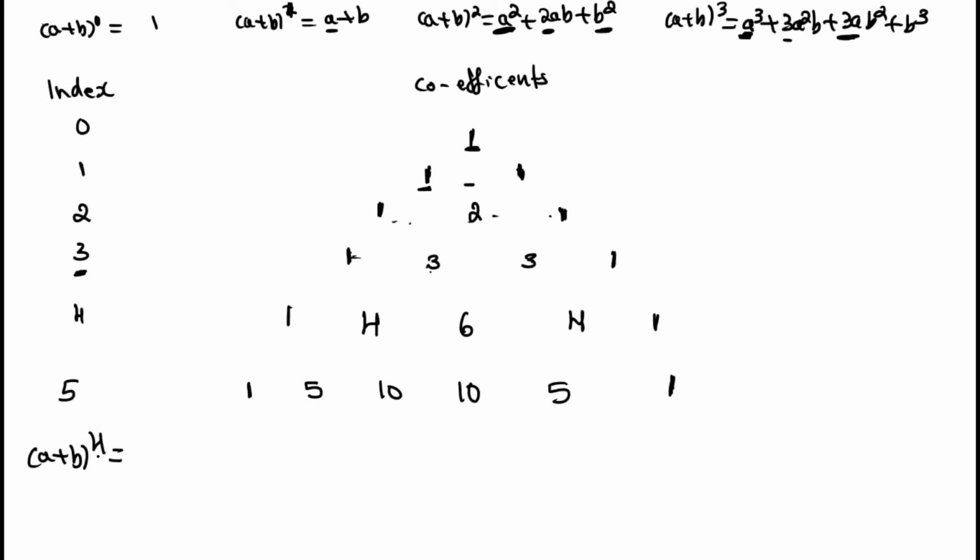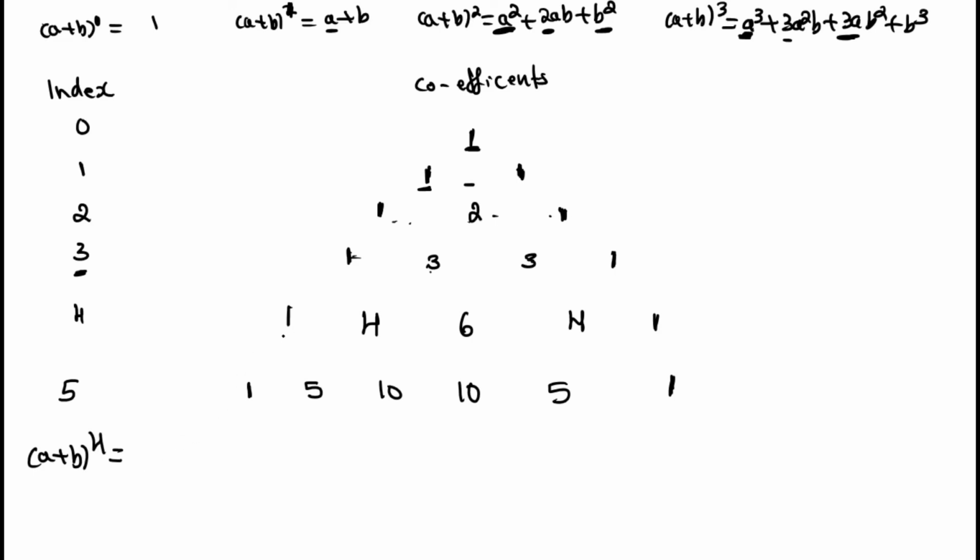Here index 4 means how many terms do you get? 5 terms in the expansion. Second condition is, as we move from left side to right side, the power of the first quantity decreases by 1 and the power of the second quantity increases by 1. Third observation is that in each term of the expansion, the sum of the indices is equal, and it's equal to the index.